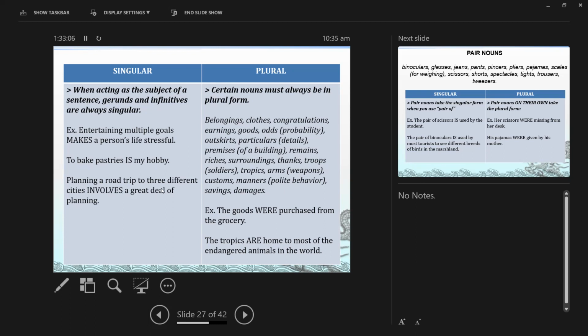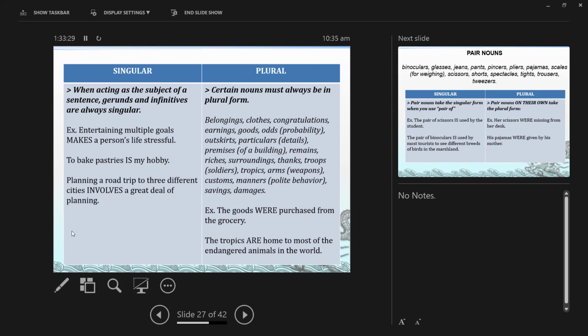Planning a road trip to 3 different cities involves a great deal of planning. So planning here, this gerund, is in singular form. Kaya naman yung verb na gagamitin niya, singular form with an S, involves.